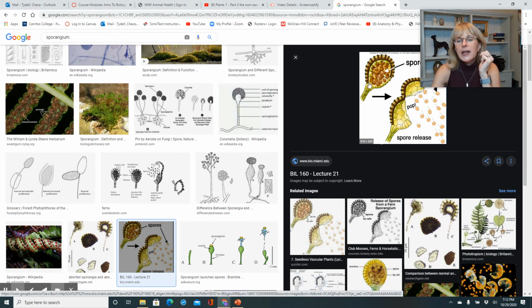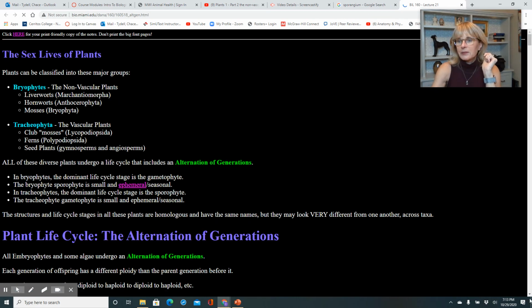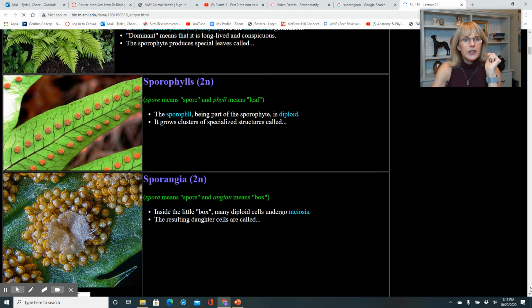So you can see that, no, should have known it was going to do that. Ooh, that's neat. Okay, so these guys, those are sori. Here we're looking at individual sporangia. See, that's a sporangia?